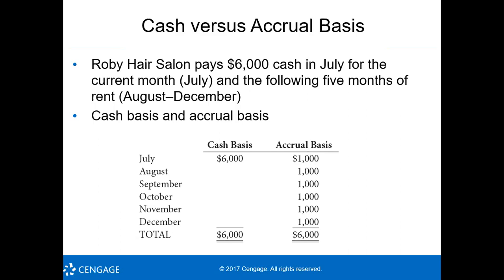And then in August, we debit rent expense for $1,000, credit prepaid rent. And then in September, we debit rent expense for $1,000, credit prepaid rent, right? So with the accrual basis, we divide that expense over the time period that it covers. Same thing that we do with prepaid insurance, for example.